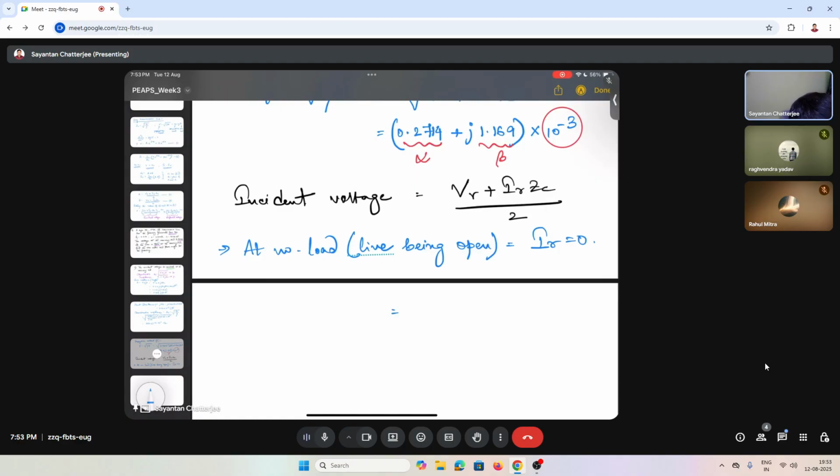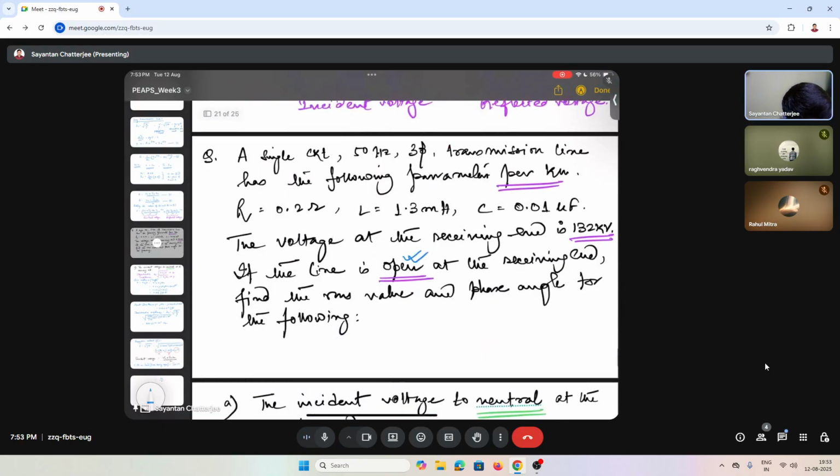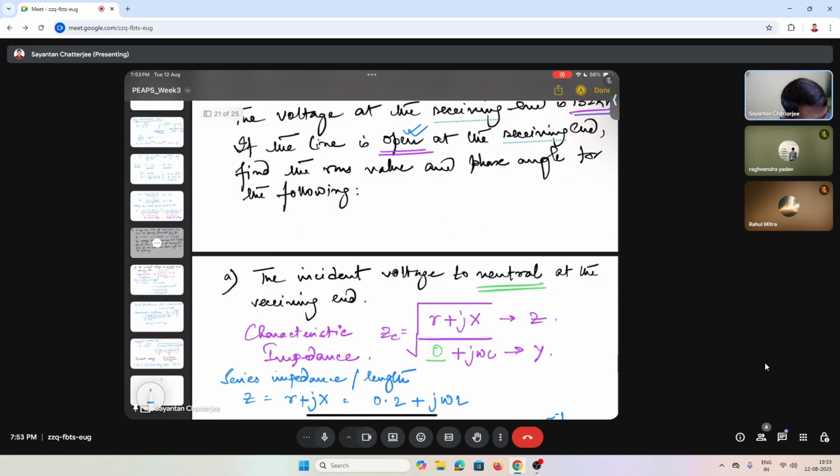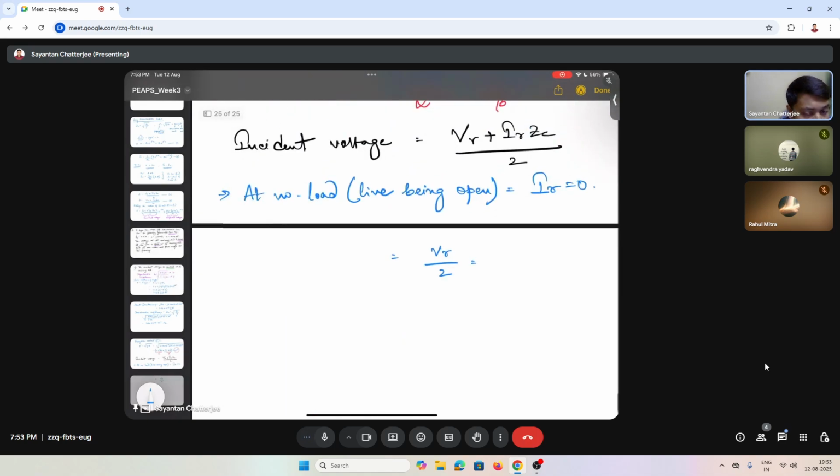Now VR is 132, so VR by 2, but the value of VR is 130. Any doubt?